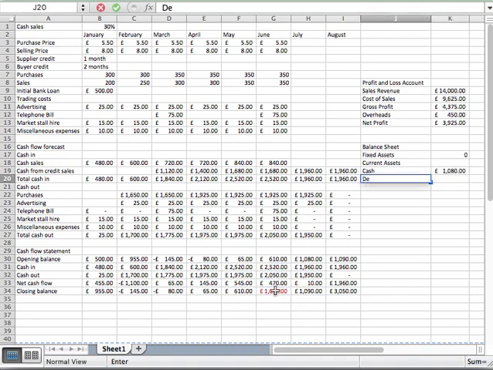Now our debtors, this is how much other people owe us, or owe the company. So we are owed money on credit sales. And that equals the sum of these two cells here.